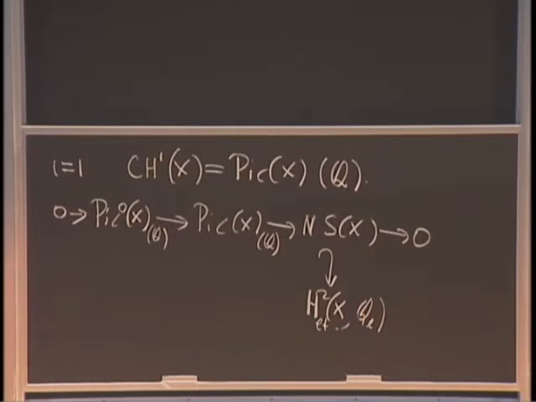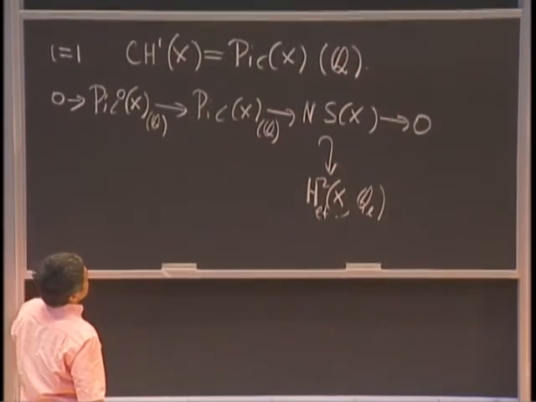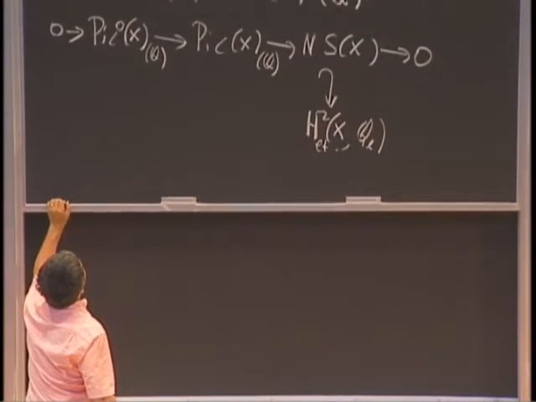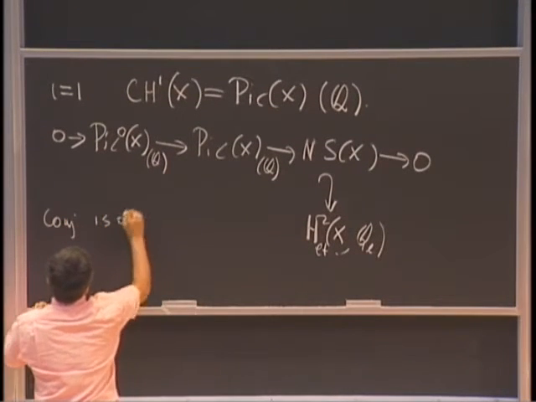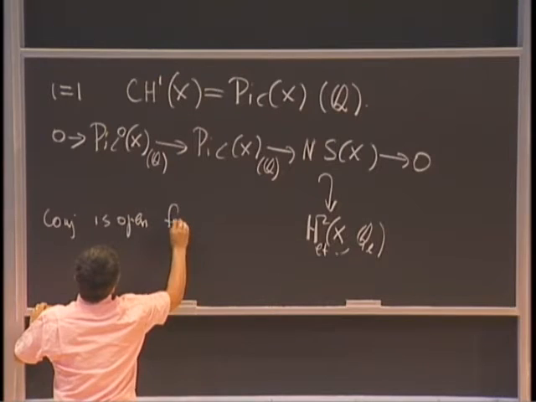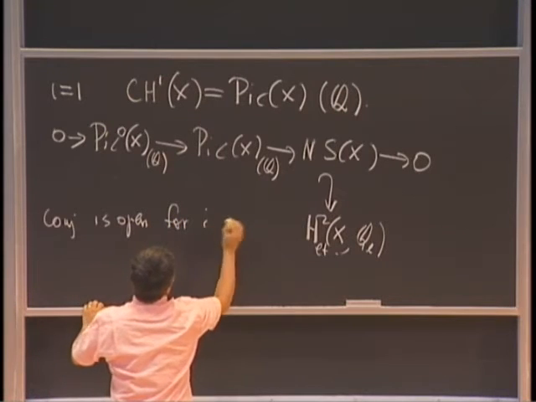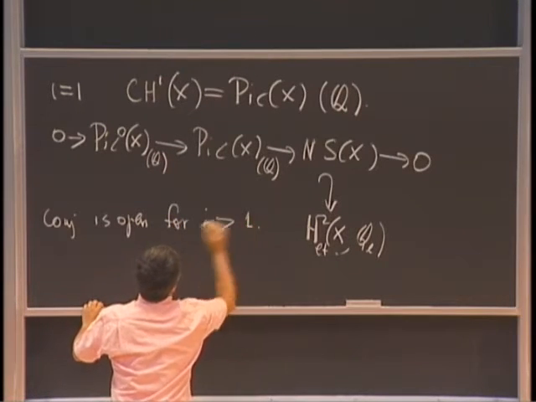So besides this case, this conjecture is open. Even for i equals n it is open. So the conjecture is open for i bigger than 1.